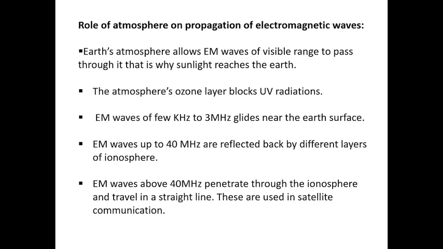The atmosphere will influence the radio waves, and electromagnetic waves whose frequency is more than 40 megahertz penetrate through the ionosphere and always travel in a straight line path. Using these electromagnetic waves, we have satellite communication. Different layers of the Earth's atmosphere have different effects on the propagation of electromagnetic waves.